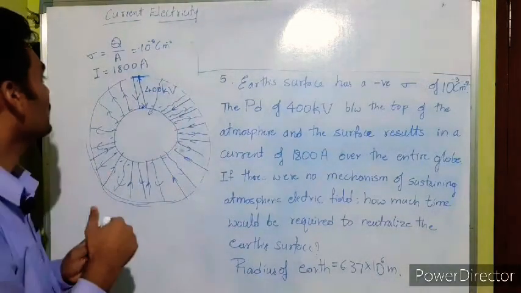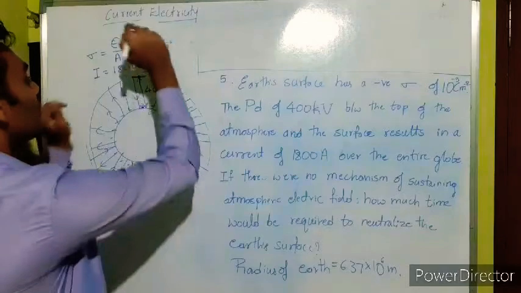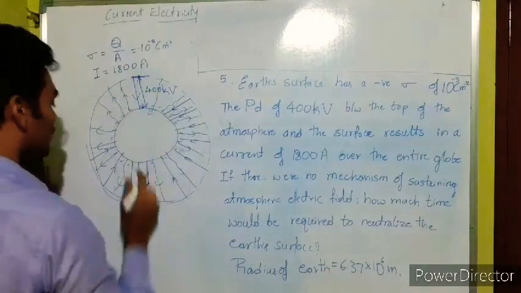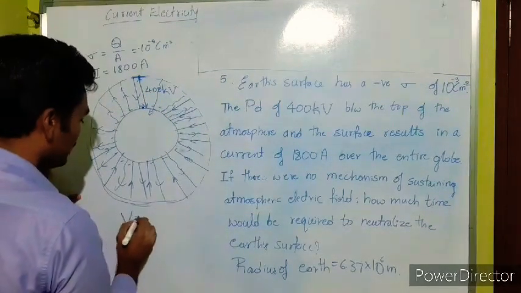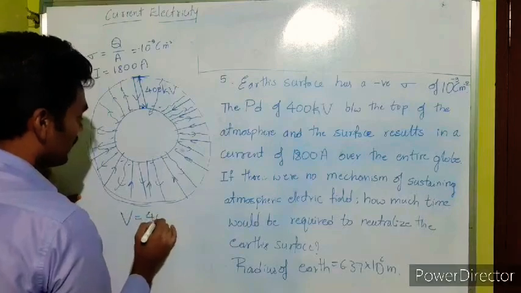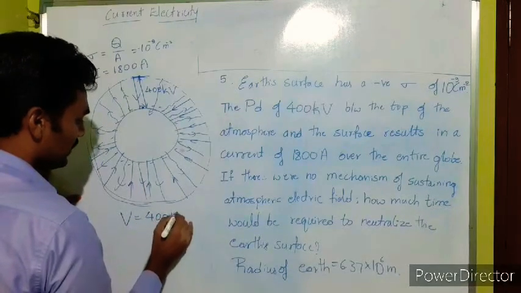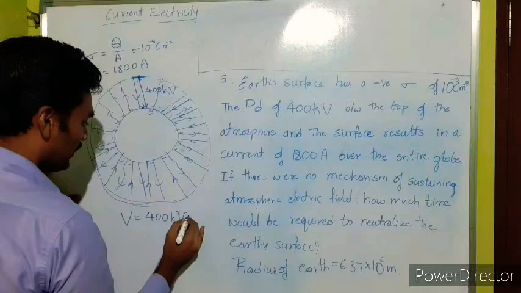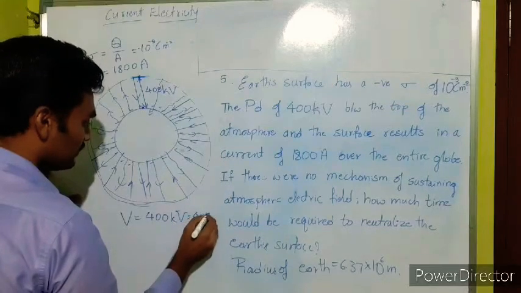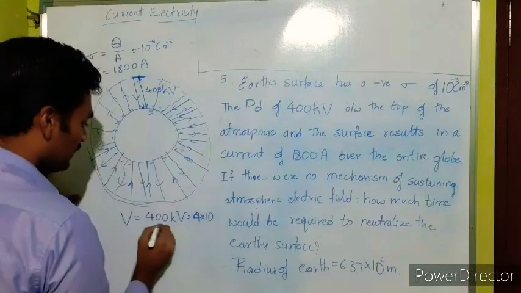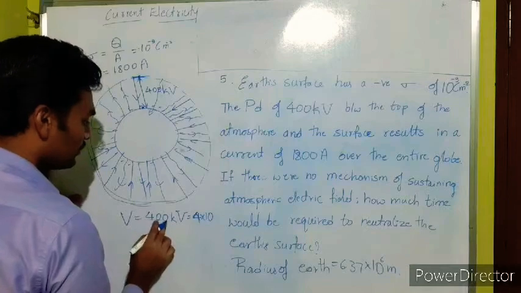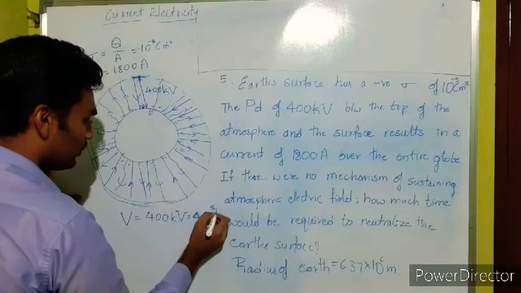That is what we need to calculate. So now what we have is potential difference given, V, 400 kilovolt, which I can write as 4 into 10 to the power of 5 volts.